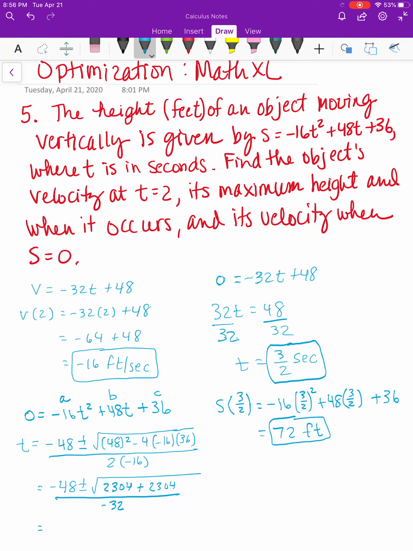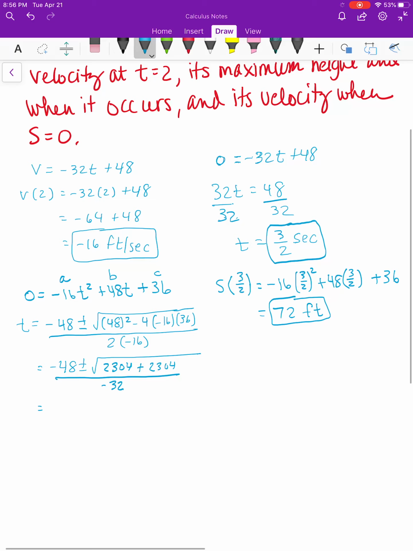So negative 48 plus or minus the square root of, I put 48 squared in my calculator, and then I noticed a negative times a positive, that's a positive. And then I took 4 times 16 times 36, and I got 2304 divided by negative 32. Then I split these up.